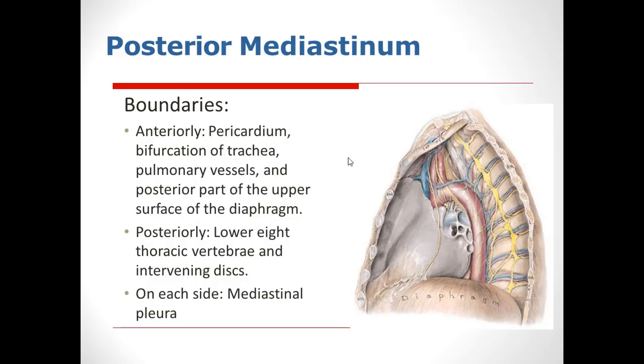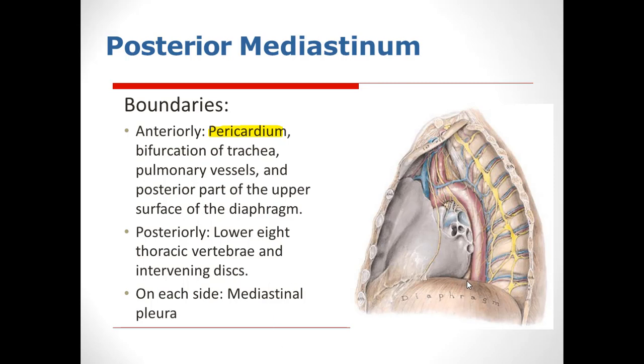Now coming back to the posterior mediastinum, the last mediastinum, this portion is the posterior mediastinum, which is posterior to the heart. Anterior boundary of it will be formed by the pericardium, bifurcation of the trachea, here we can see the bifurcation of the trachea, pulmonary vessels which enter the heart, and the posterior portion of the upper surface of the diaphragm.